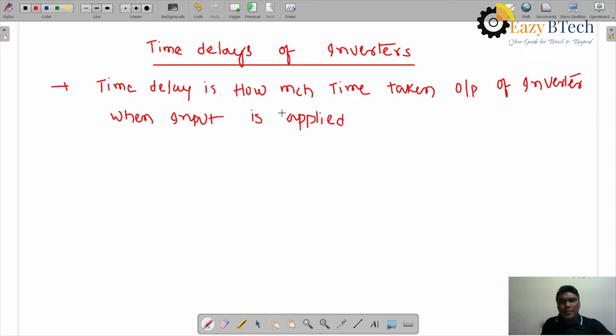So how much time is taken by the response of the output of the inverter with respect to the input applied. It is nothing but a time delay, right? How quick is the response of the output signal.